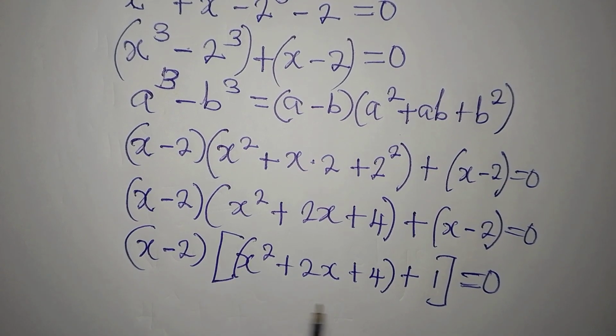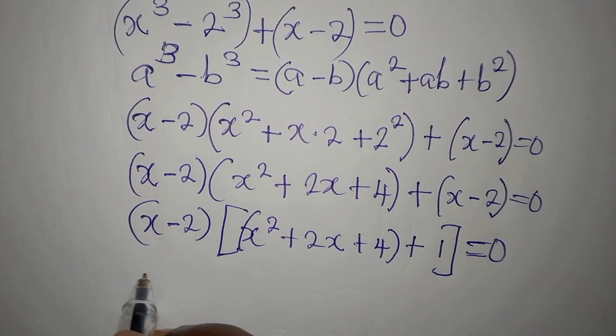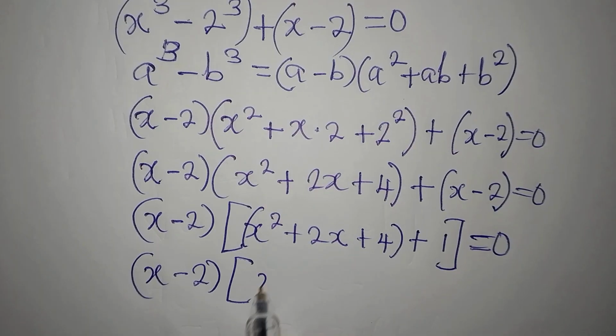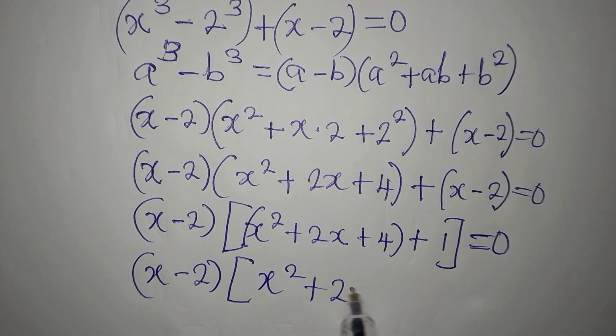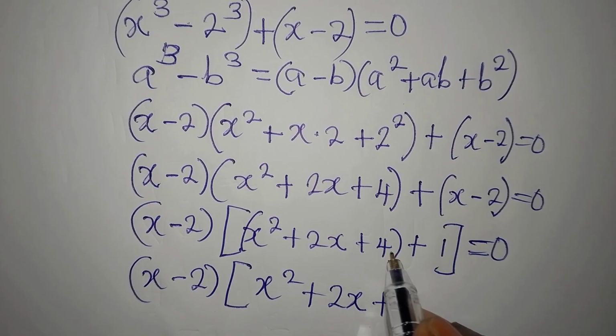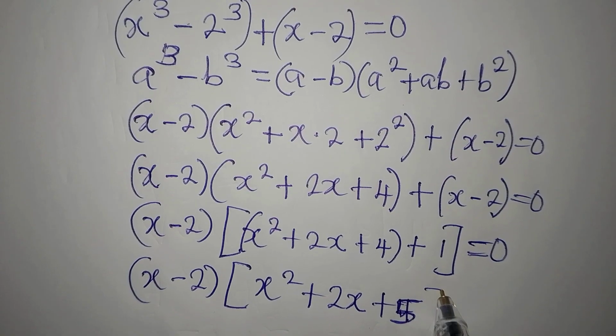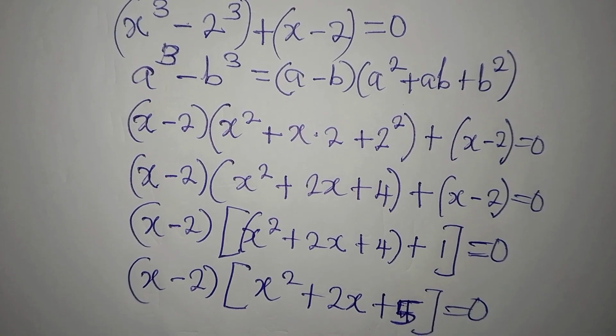We will deal with what we have in this bracket. So we have x minus 2 now into x squared plus 2x plus 4. By the way, 4 plus 1, that will be 5. Let me write 5 directly. And this is equal to 0.